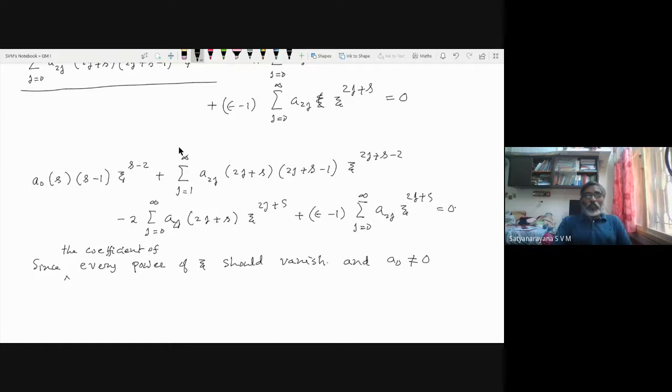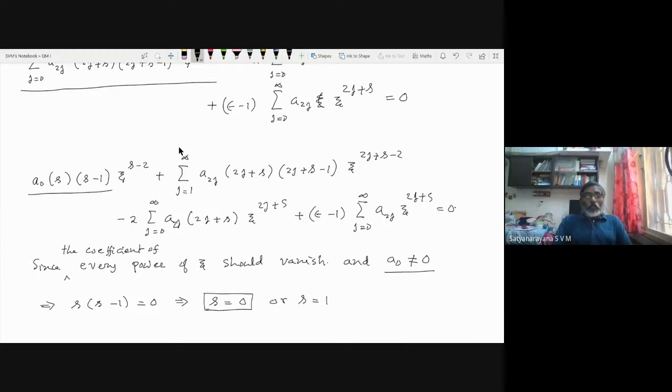If a naught is 0, then everything will be 0. So we want a naught to be not equal to 0. That implies we get s into s minus 1 has to be equal to 0 from this coefficient. Since a naught is non-zero, s into s minus 1 has to be equal to 0. That means there are two solutions for s: s is equal to 0 or s is equal to 1.